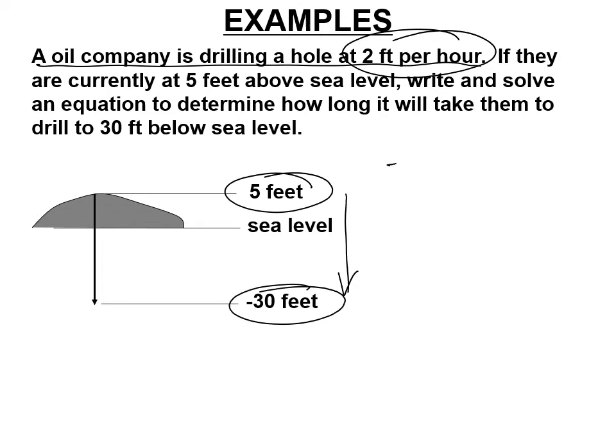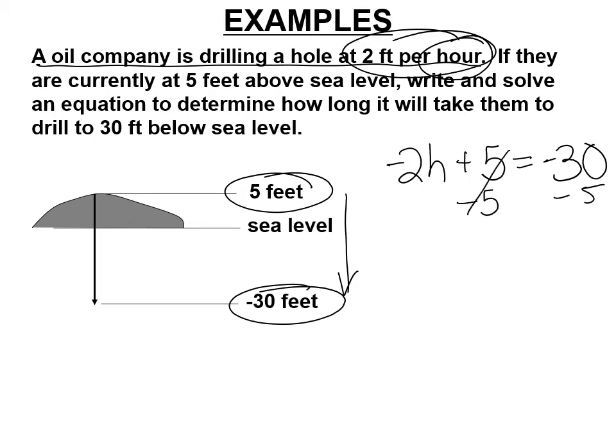So the rate is down 2 every hour. I didn't say to use h, but this is feet per hour. We started at 5, and we're going to end at negative 30. Our total is negative 30. That's the equation you're solving. Subtract 5 from both sides. Negative 2h equals negative 35. Divide both sides by negative 2.